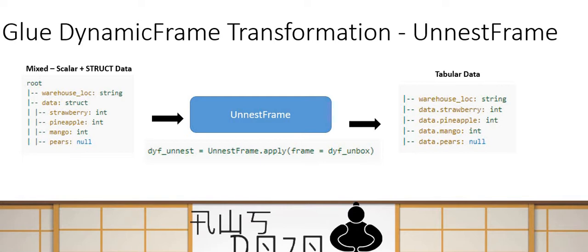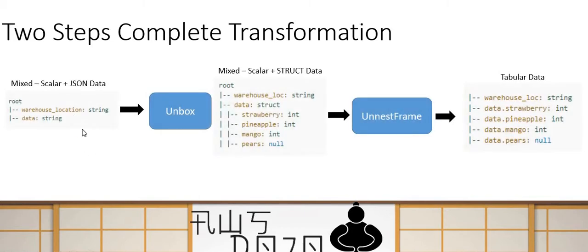Now, you must have realized that these two have to work together. It has to be a two-step transformation to convert a JSON document into a tabular format. First you take your mixed scalar plus JSON data and use the unbox transformation on it to convert it into a structure. That is still consumable in certain ways, and sometimes you might want to use a structure format, in which case you can consume your data in this format.